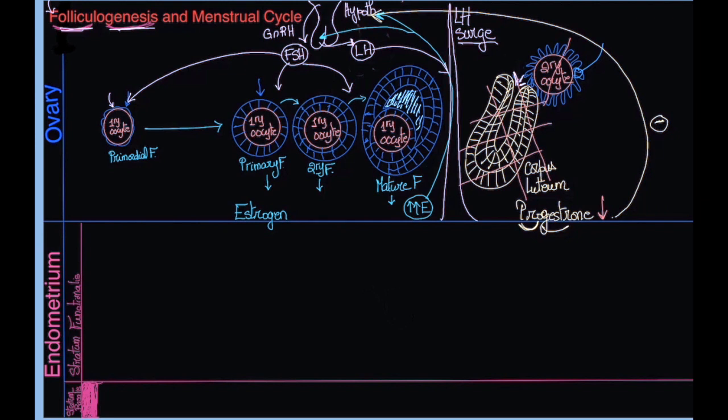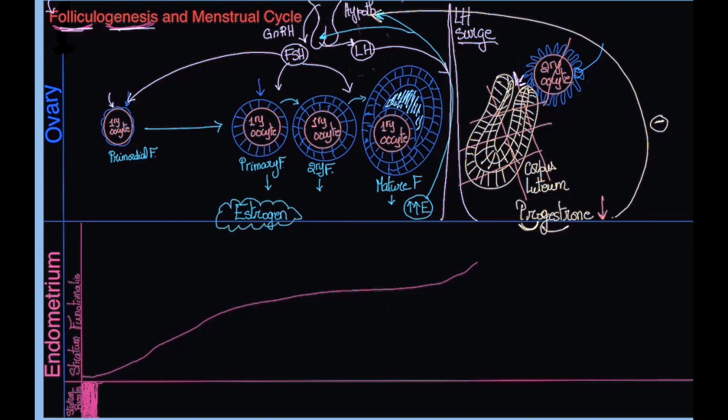Normally, the stratum functionalis is going to be increasing in thickness under the effect of the estrogen. And again, where do you get the estrogen from? The estrogen is released from the growing follicles.